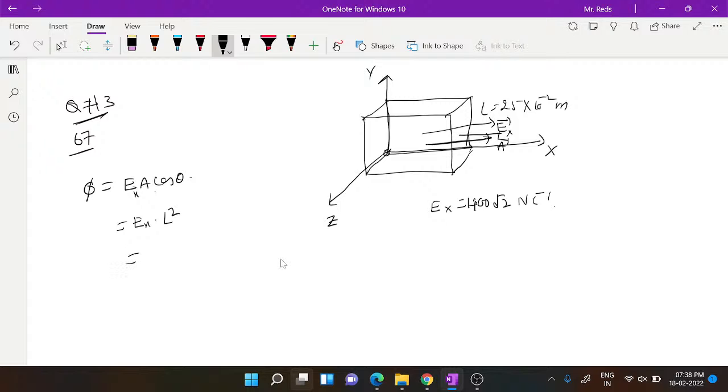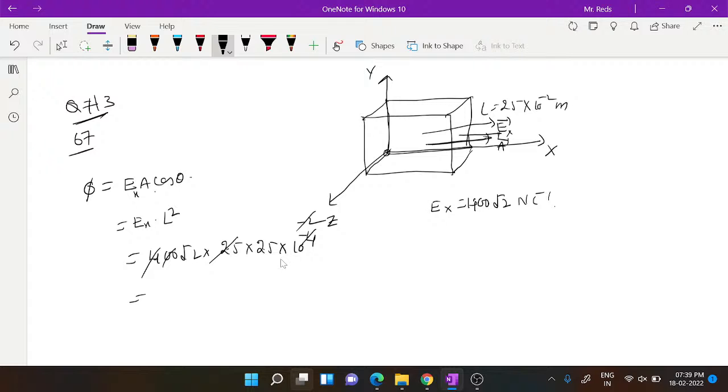So Ex is 400 root 2. L square is 25 into 10 to the power minus 2, whole squared, which becomes 625 into 10 to the power minus 4. Then 4 into 25 becomes 100, and this 100 cancels with the 10 to the power minus 2.